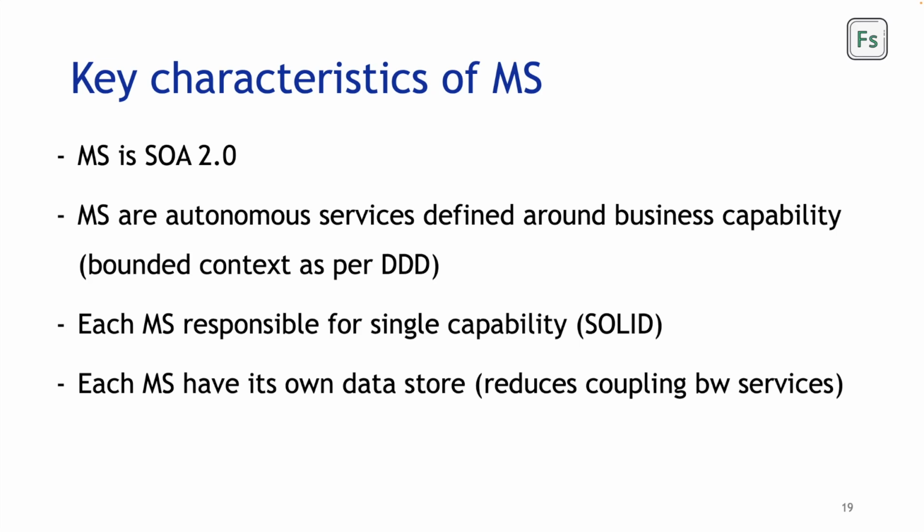They have their own data store, and using this, it will make them loosely coupled, and more cohesive. If they're more cohesive, then one service is doing just one thing. They can scale independently.